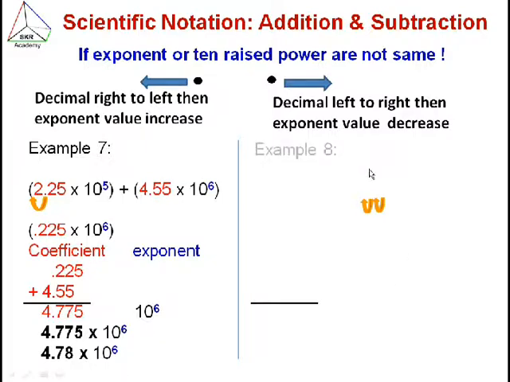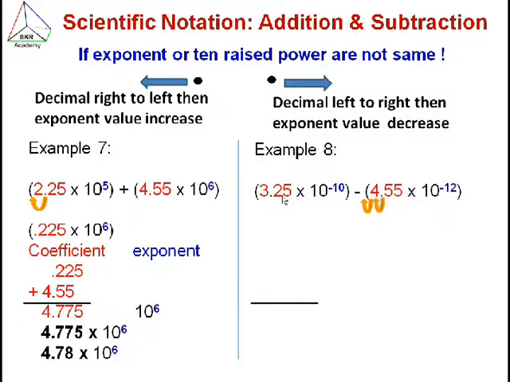Let's take another example where we are going to subtract and the powers are not the same. We have to subtract 3.25 times 10 to the power minus 10 from 4.55 times 10 to the power minus 12.